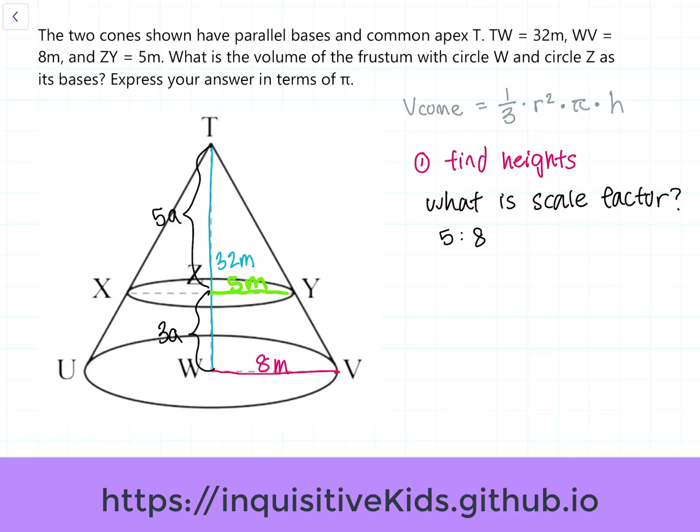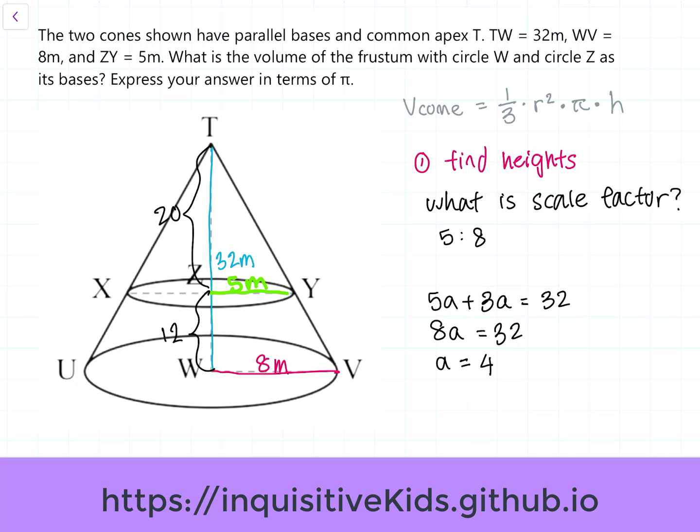And now let's think about it. 5a plus 3a, you can see this very clearly visually, is equal to 32 meters. So 8a is equal to 32. That means that a is equal to 4. So if we substitute this back in, we know that 5a is 20 and 3a is 12.